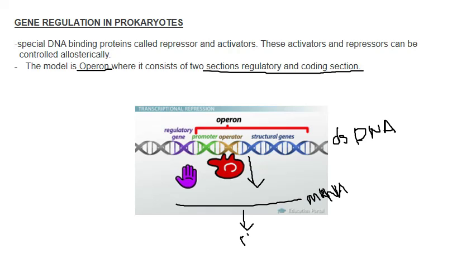The protein is the ultimate product. Why does gene regulation happen? This simply means that gene regulation is the process of regulating the expression of certain genes that will finally make a protein.